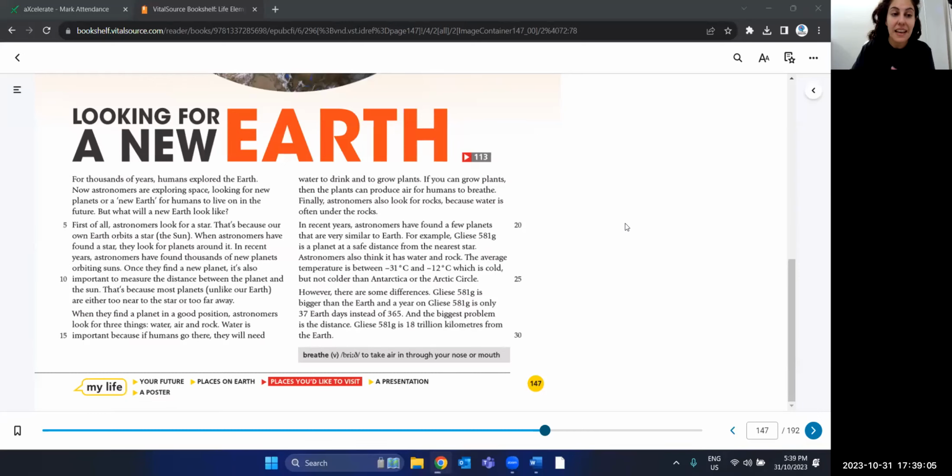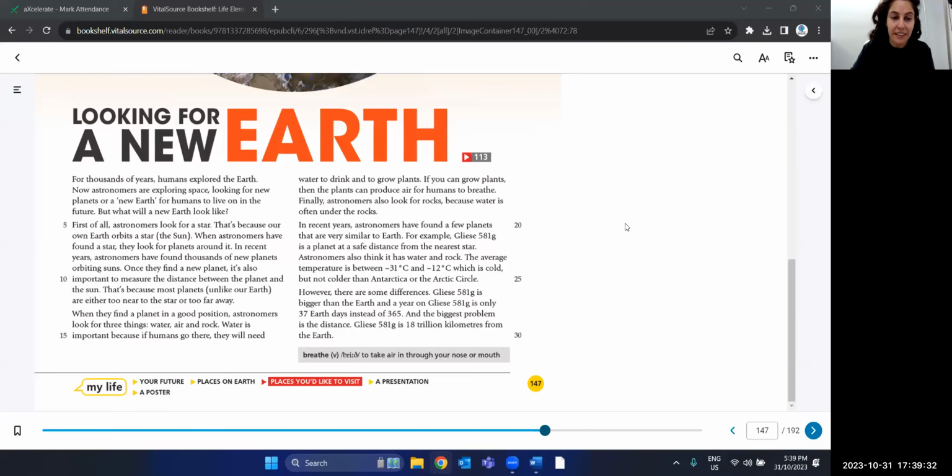When astronomers have found a star, they look for planets around it. In recent years, astronomers have found thousands of new planets orbiting suns.